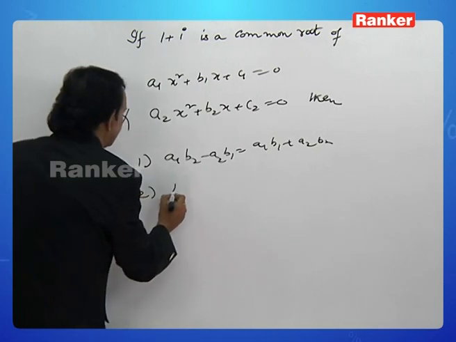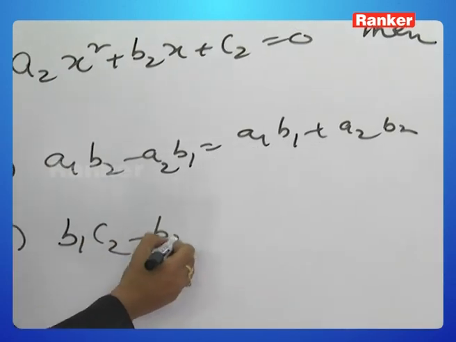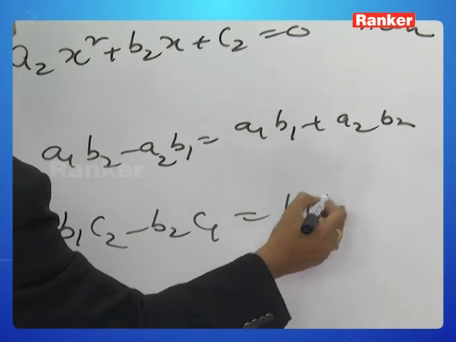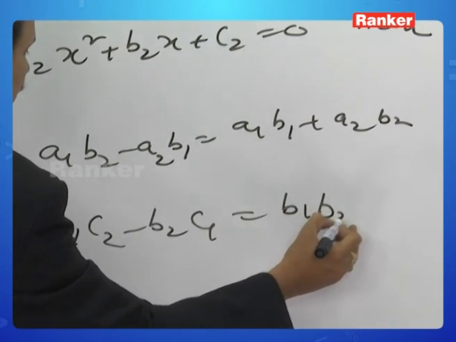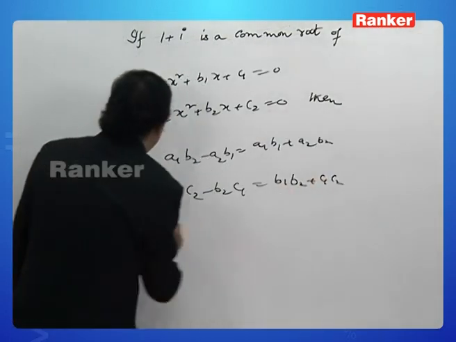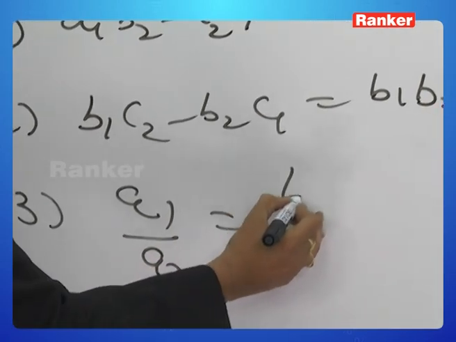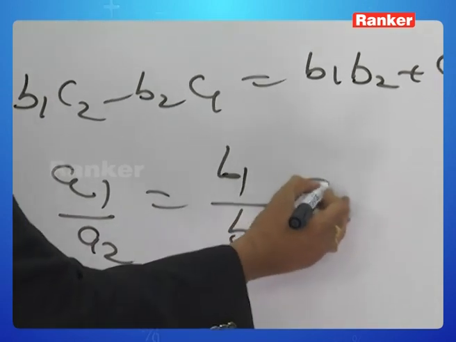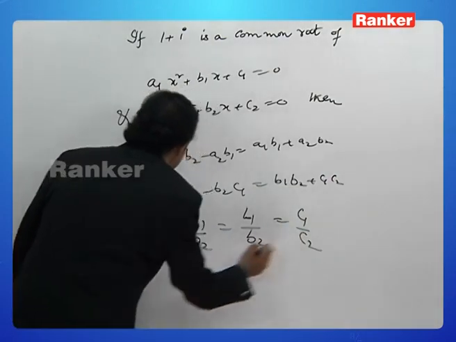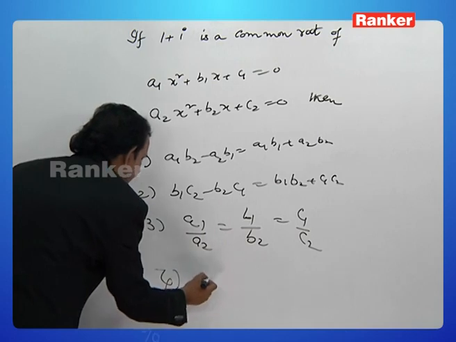Second option, b1 c2 minus b2 c1 is equal to b1 b2 plus c1 c2. Third option, a1 by a2 is equal to b1 by b2 is equal to c1 by c2. Fourth option, none.